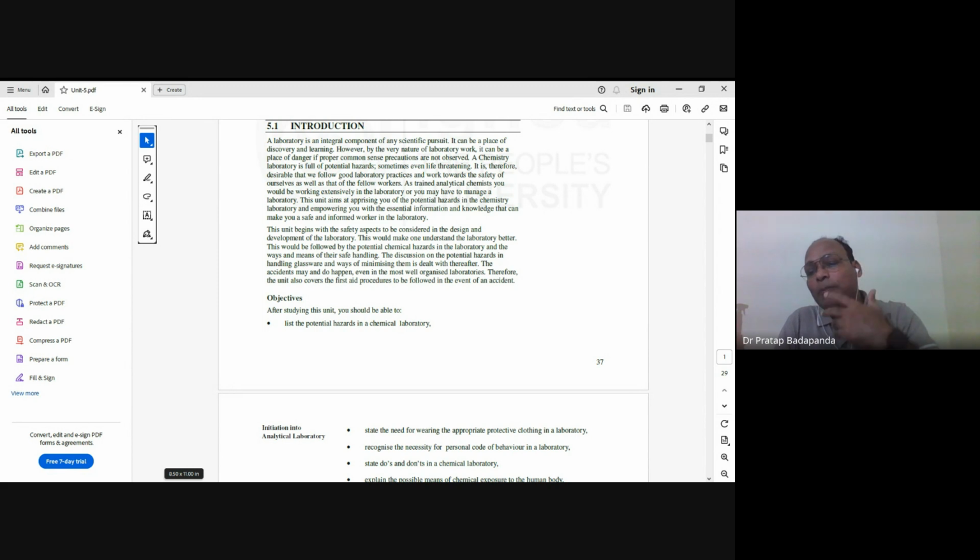So sample preparation was the most important area. That's why precautions should be there in the lab. If proper common sense precautions are not observed, there may be an accident. As I told, a chemistry laboratory is full of potential hazards, sometimes even life-threatening.